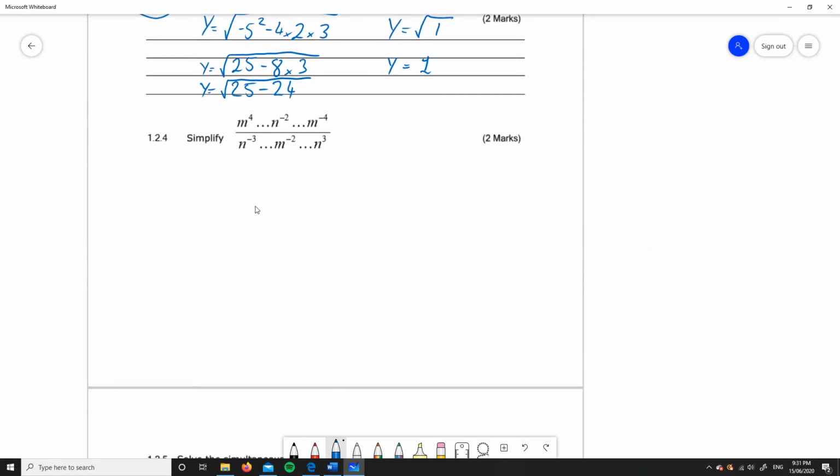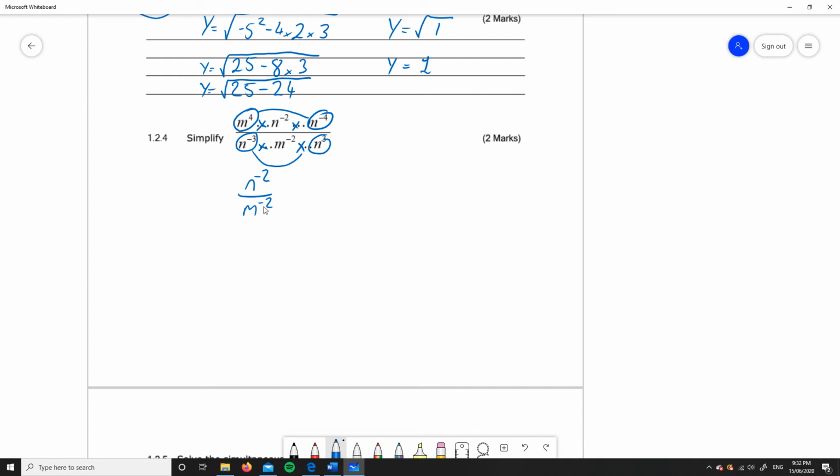Okay, so moving down onto this one here. It's probably easiest just to look at these as a multiply sign in this instance. So what you'll notice is that m to the power of 4 will cancel out m to the negative 4, so those two will cancel out. n to the negative 3 and n to the positive 3 will cancel out, which will essentially leave us at n to the negative 2 over m to the negative 2.